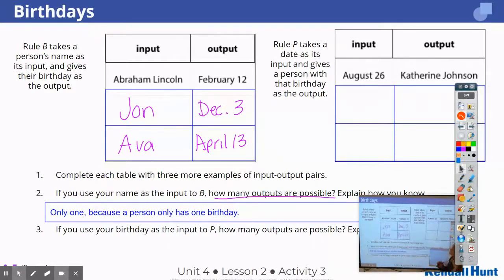What about rule P? Rule P takes the person's birth date and gives a name as the output. So if I picked December 26th, I might get Justin and Bradley.